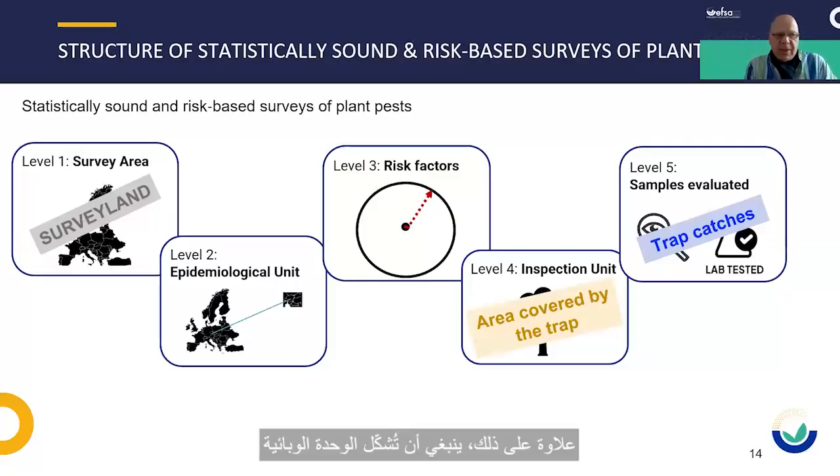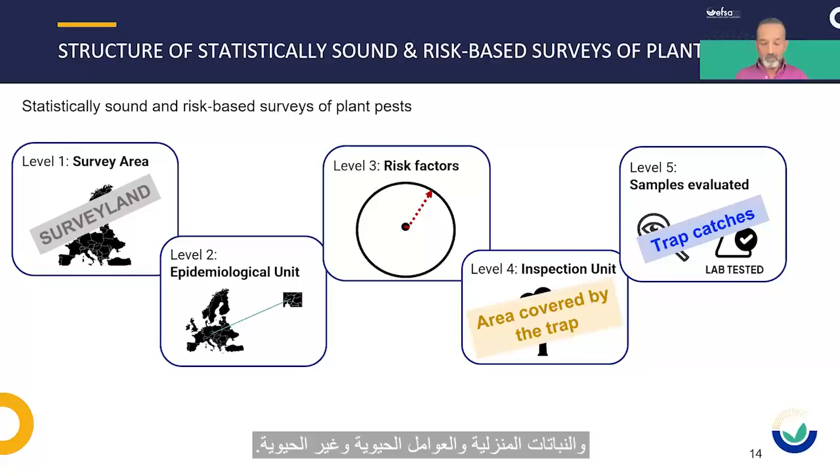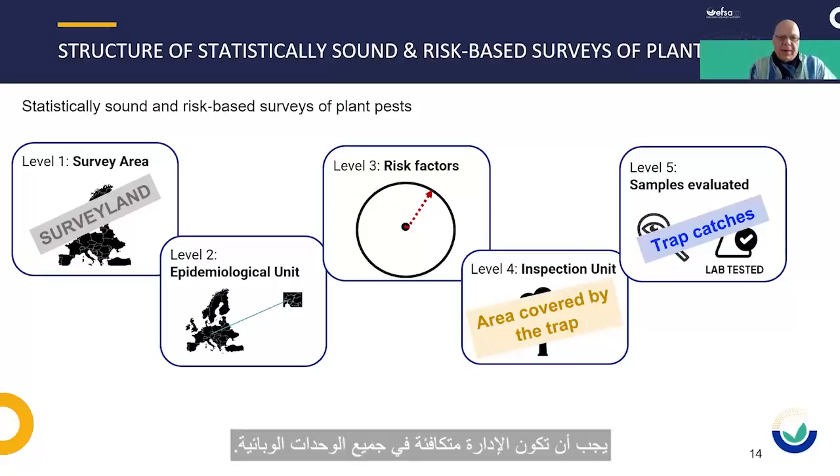Beyond that, the epidemiological unit should form a homogeneous area where the interactions between the pest, the host plants, and the abiotic and biotic factors are similar everywhere. And in particular, the management must be equivalent across the whole epidemiological unit.